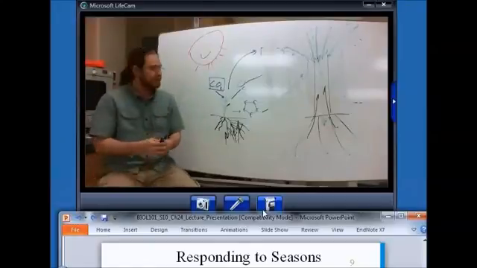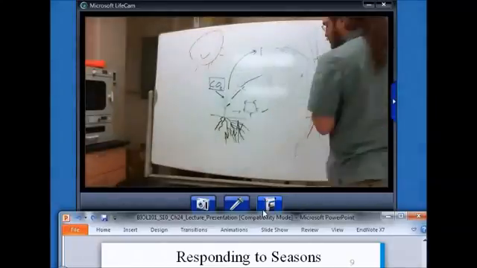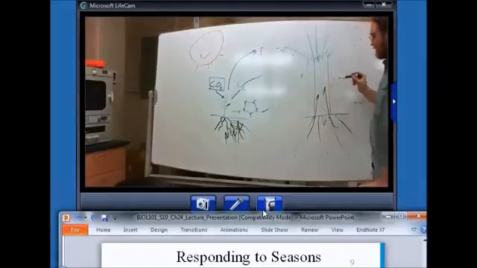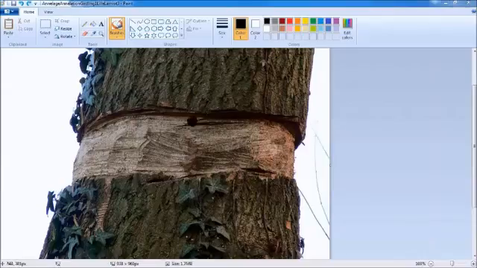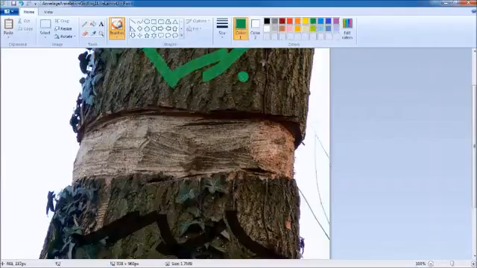Trees are doing the same thing. Something interesting with this is that in order to kill a tree, you don't actually have to cut down the whole thing. On the trunk, and so what you would have at the bottom of this, you'd have all your roots way down here, and all your leaves someplace way up here near the top, obviously. But what we're looking at is just the trunk.